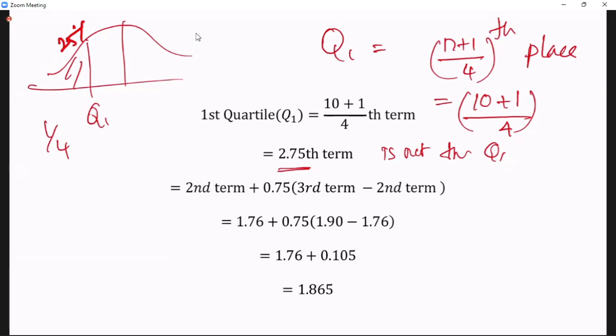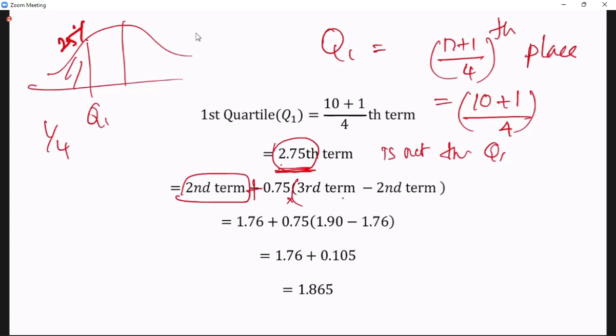Now tell me how we are going to find that place, 2.75. Definitely it should lie between the second term and the third term. Therefore, pick the second term first, then add 0.75 times the difference of the third and second term.